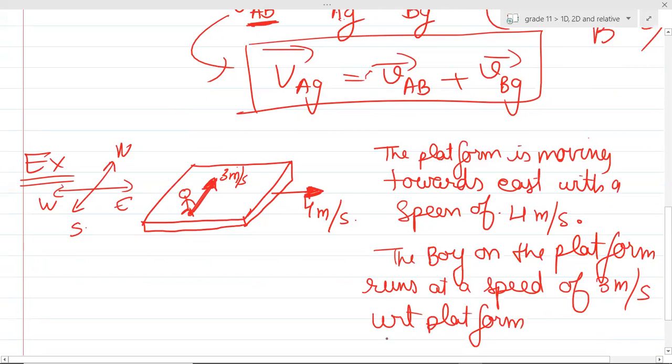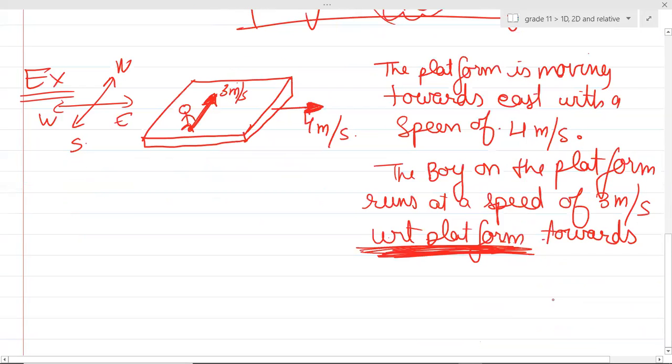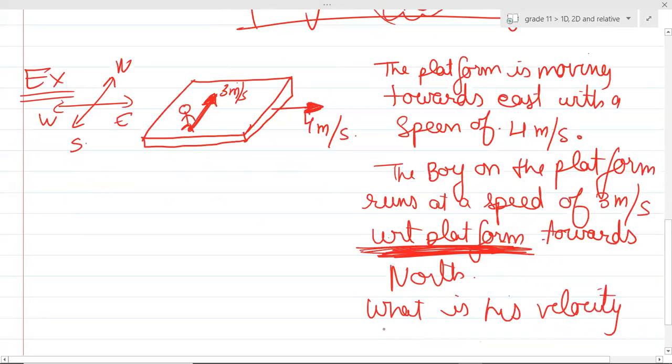Always remember this. This is where the problem will start, with respect to platform. So basically, which velocity they have given? They have given this velocity. With respect to platform, he is moving with 3 meter per second towards north. So the question is to find what is his velocity with respect to a person on the ground?